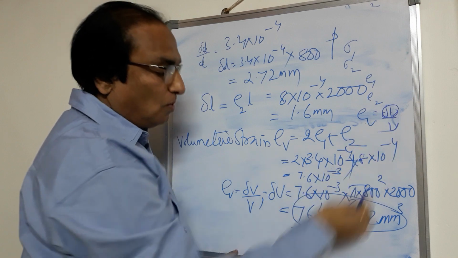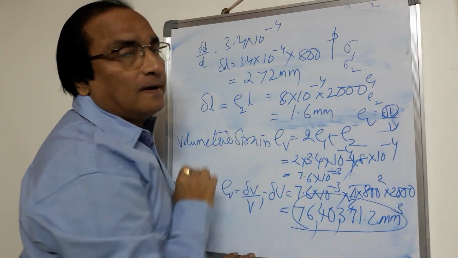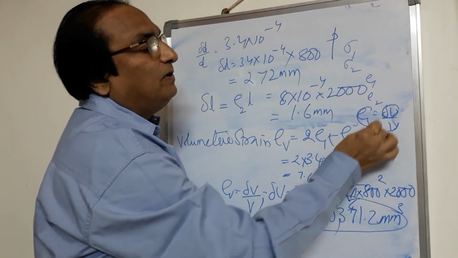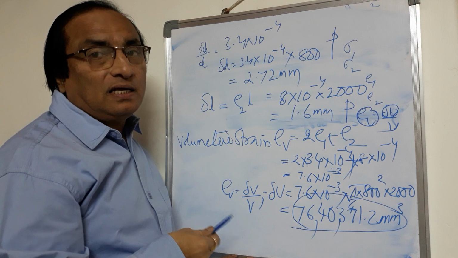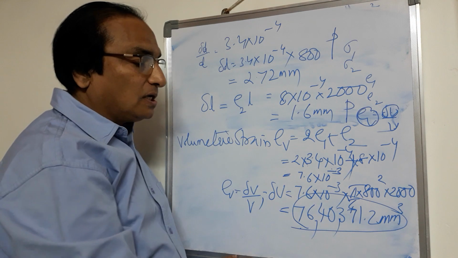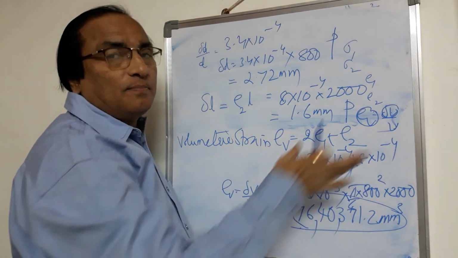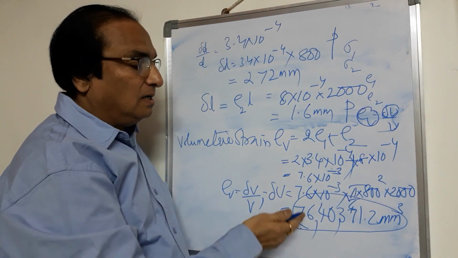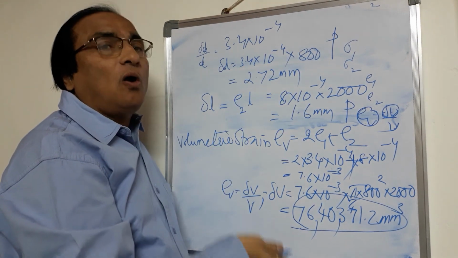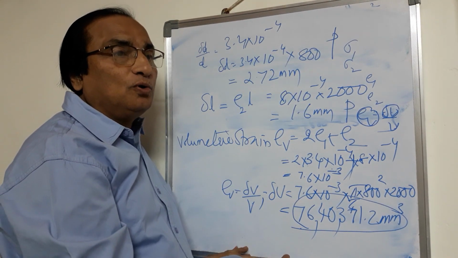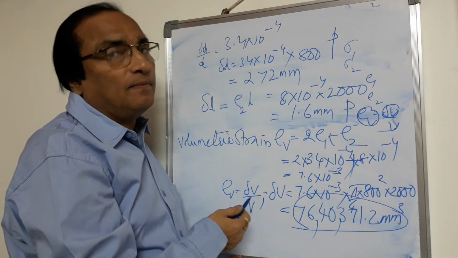This change in volume is known to you, so you can find out the pressure that is acting, because EV will be in terms of P. You will have to find out the pressure acting in the pipe when an additional volume of fluid is injected into the cylinder. So either P is given and you find the values, or if additional volume is given, everything remains unknown in terms of P, and you have to solve for P.